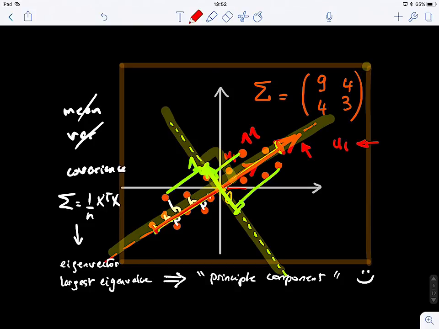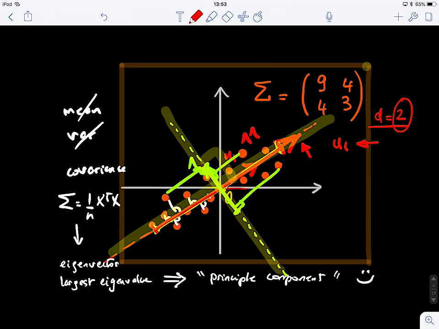I have d equals 2, two-dimensional data, so the maximum number of eigenvectors that I can have is 2, right? If I select only 1, what is the dimensionality of the projected data? If I project everything onto only the red axis, 1, very good.